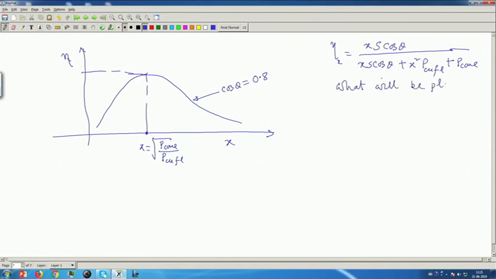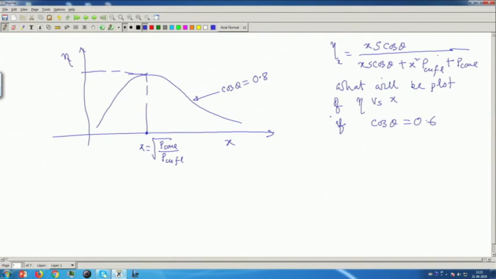The plot of eta versus x if cos theta I change it to 0.6. I can do that. Once again repeat the exercise, keep cos theta constant. Where will this curve be? Will it be above it? Will it be below it? And things like that.